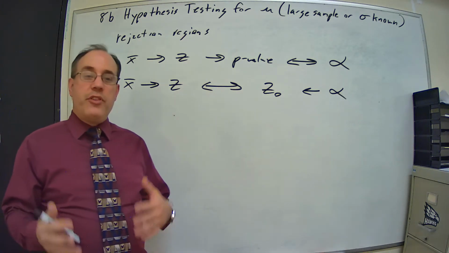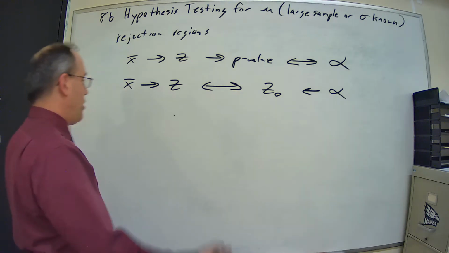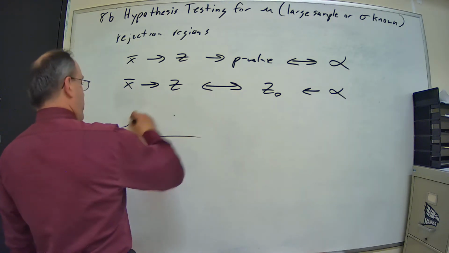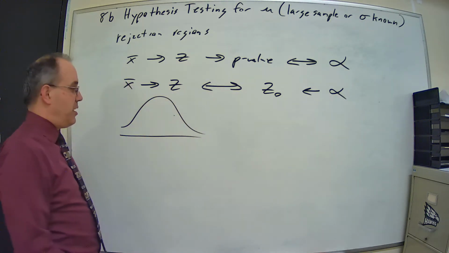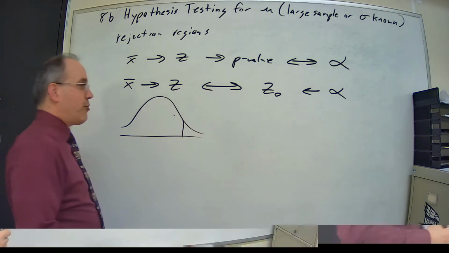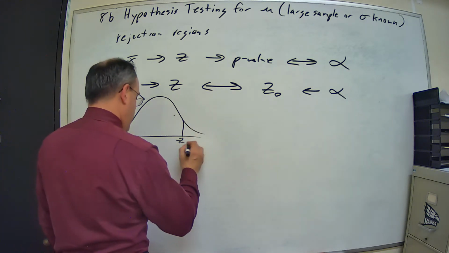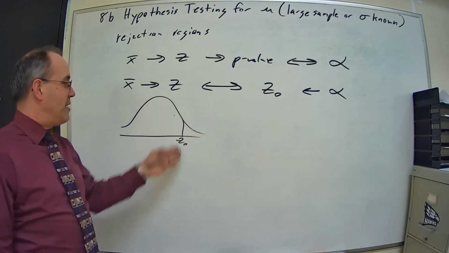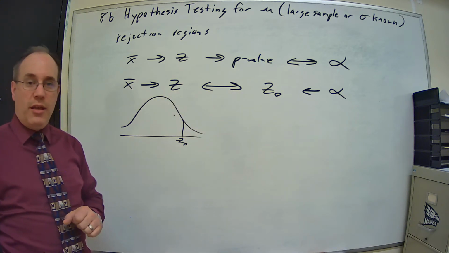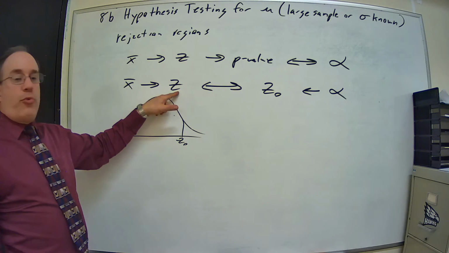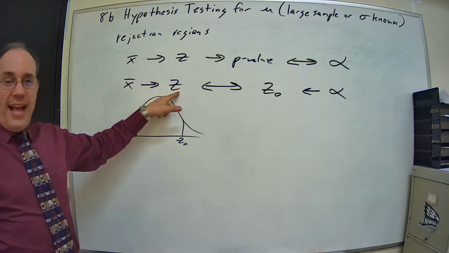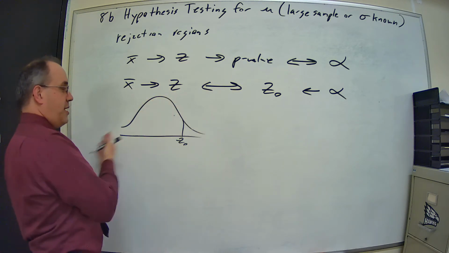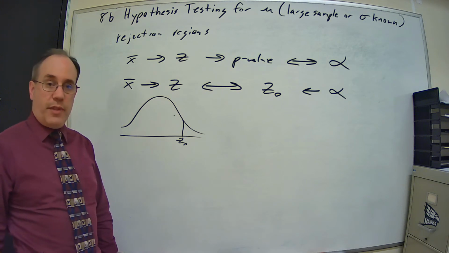But even better than just comparing it to our z-score, we're going to have our distribution, and let's say it's a right-tailed test. We're going to put z sub 0, our critical value, as a boundary, and we're going to take the z-score that we calculate and place it in the distribution.